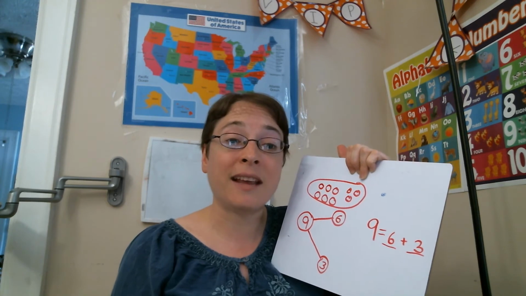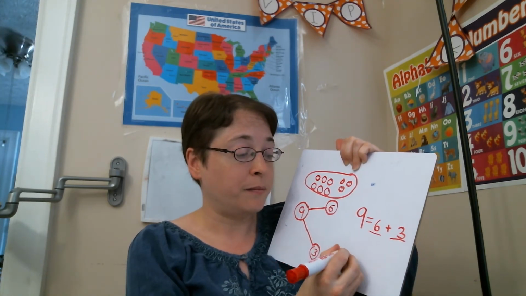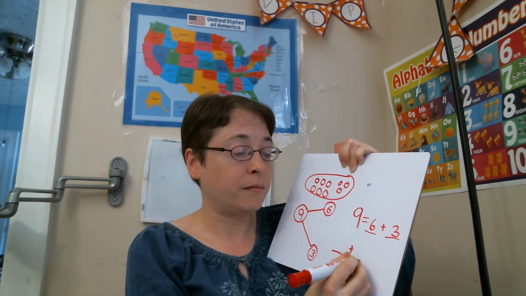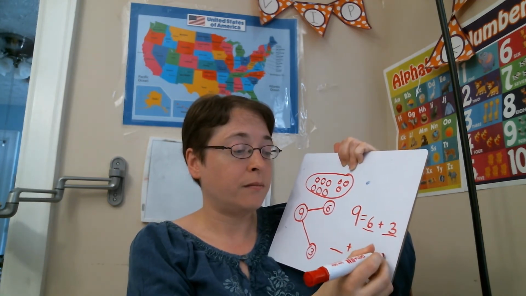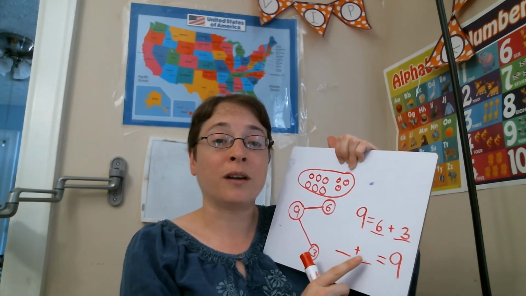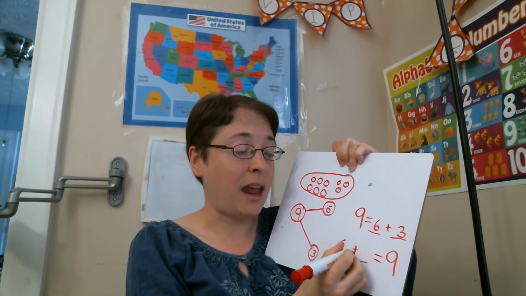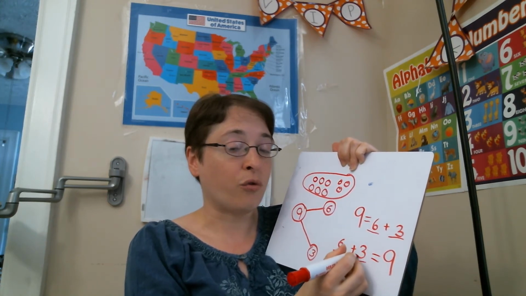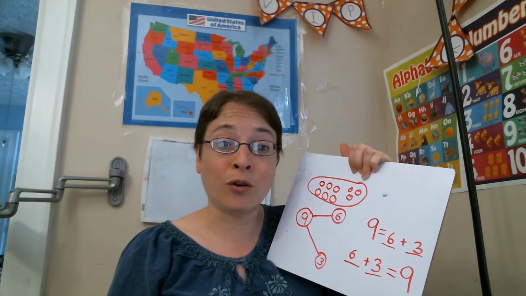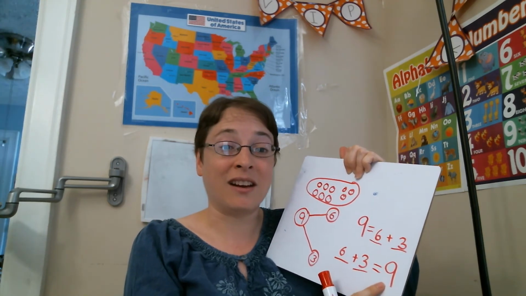Now, let's make the number sentence a different way. So now we're going to start with the parts. 6 and 3 equals 9. Very good.